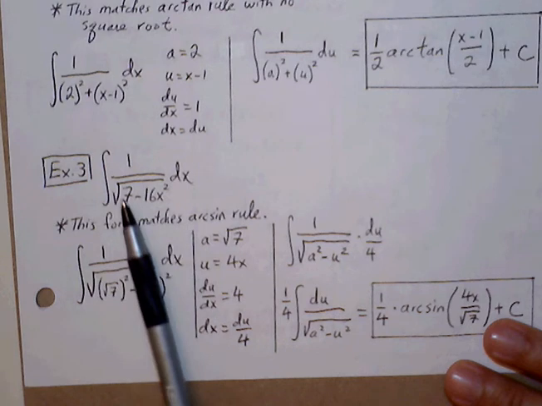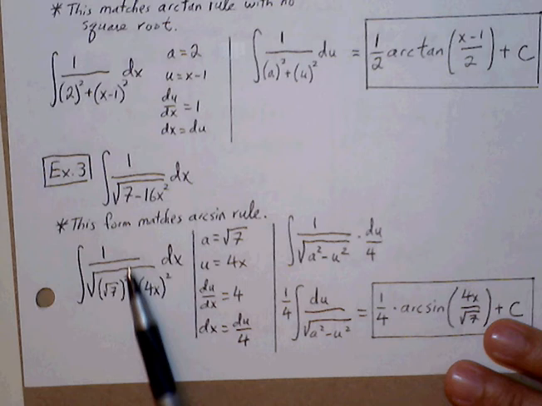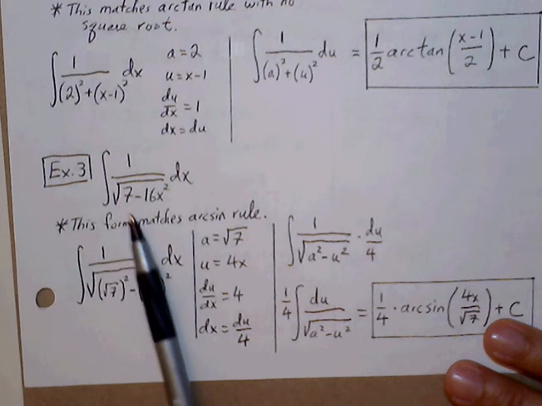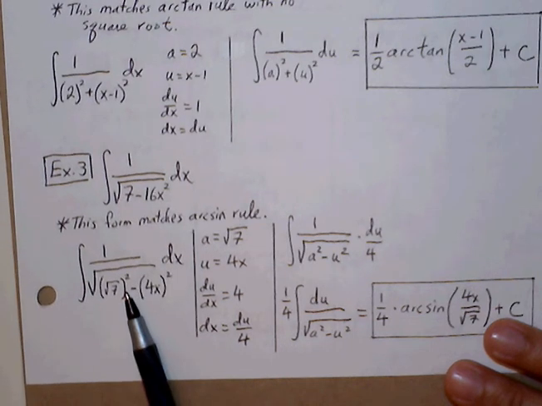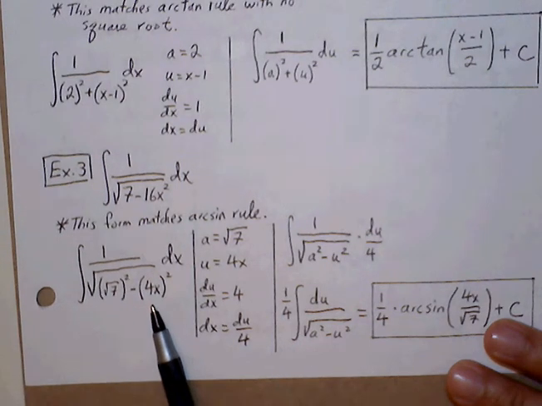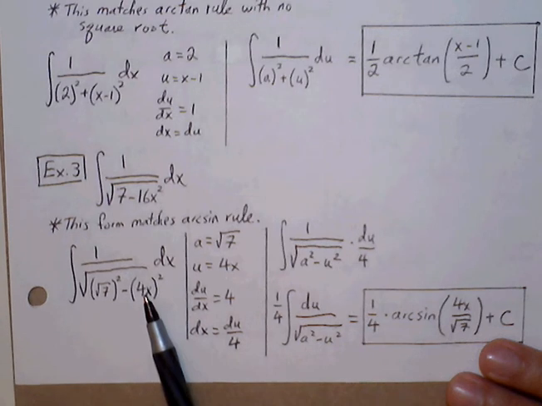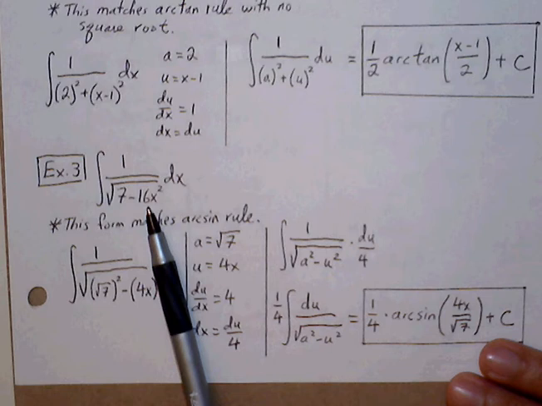So 7 is the same thing as the square root of 7 squared. The square root of 7 squared is equal to 7; we haven't changed the value, we've just put it in a different form so that we can match it with the rule. 16x squared we want represented as parentheses to the second power, so we put 4x inside, because 4x quantity squared is equal to 16x squared.